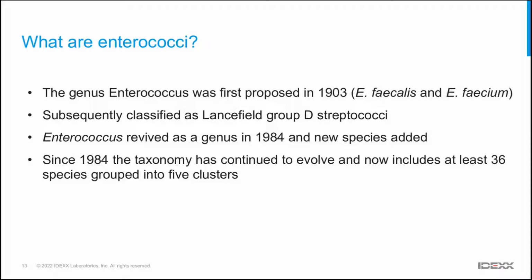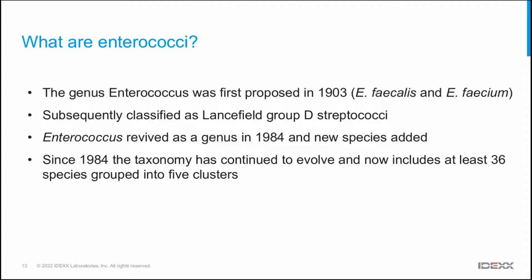So what are enterococci? The genus Enterococcus was first proposed in 1903 and consisted of just 2 species, Enterococcus faecalis and Enterococcus faecium, which are the two most numerous in human feces, typically. Subsequently, these were classed as Lancefield group D streptococci, which the Lancefield grouping is based on antigens on the surface of the streptococci.